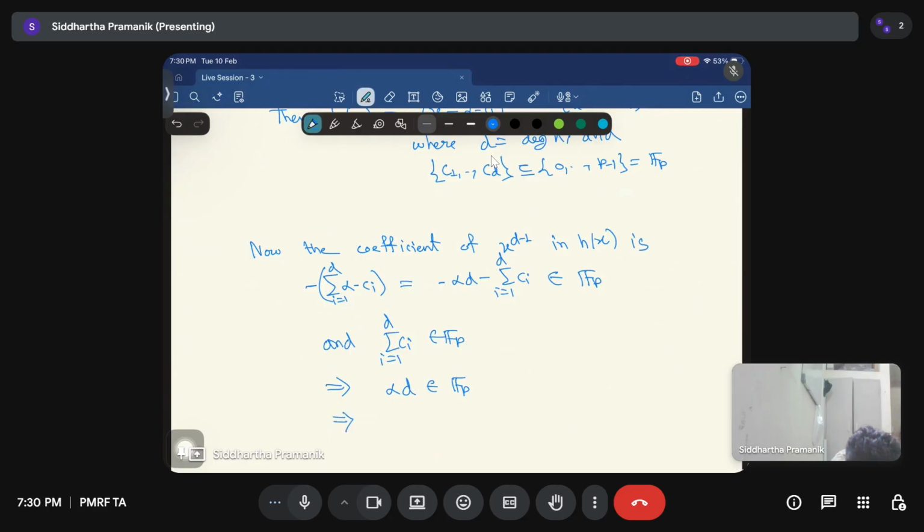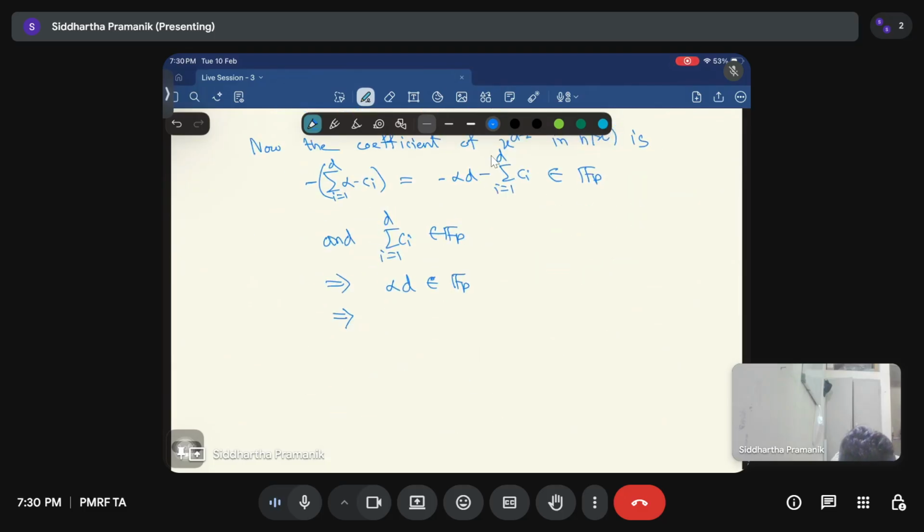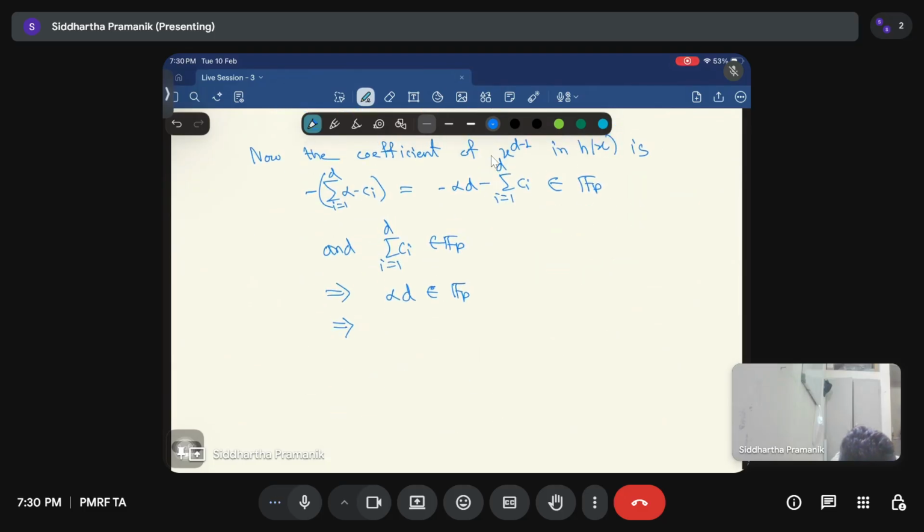Now what does it mean? So alpha is not in Fp, but d is in Fp. So it will imply alpha is in Fp. So this is a contradiction.